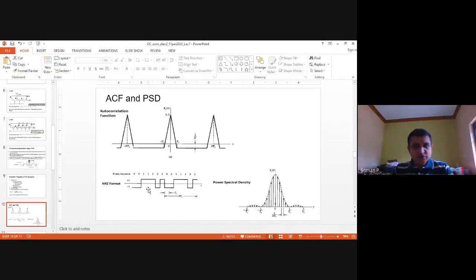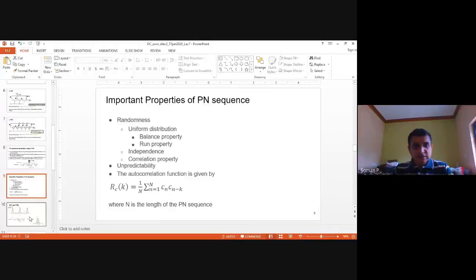Then what will you do? You shift this left and right. Let's assume you are shifting it right. What will it become? This 1 will come here, so the sequence will be 1 0 0 1 1 1 0. Then multiply and do this calculation.